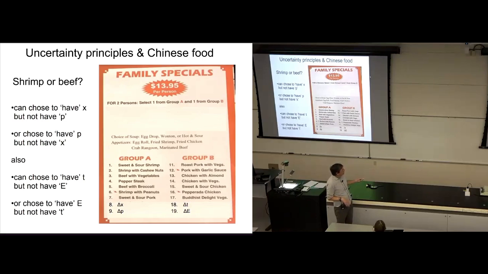And the instructions are that if we're ordering a meal for 2 persons, we've got to pick one from group A and 1 from group B. So we get quite a bit of choice. I can pick from group A and B, but I only can pick 1 from group A and 1 from group B. I can't pick 2 from group A or 2 from group B. So shrimp or beef, I can't have both because shrimp and beef are both in group A. So I can't pick both of those.